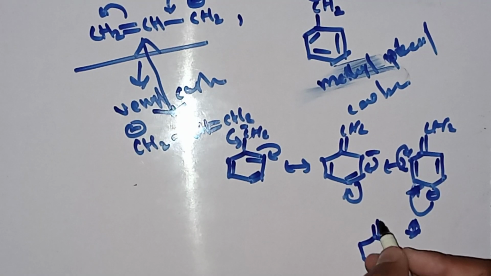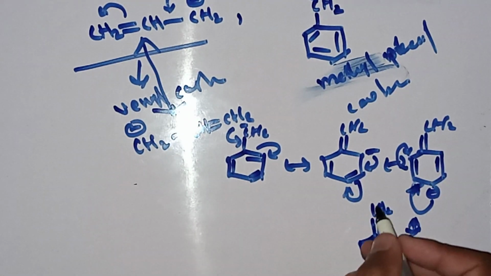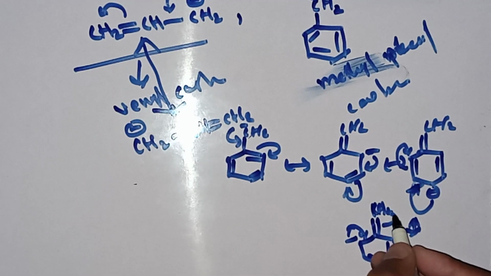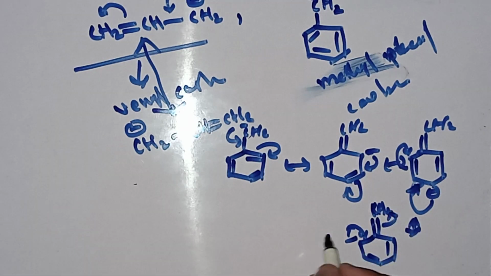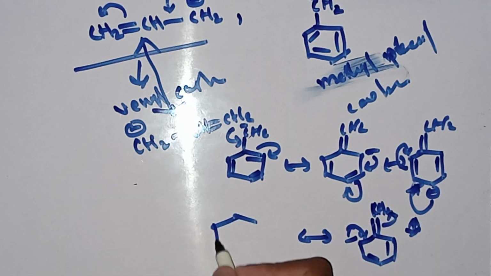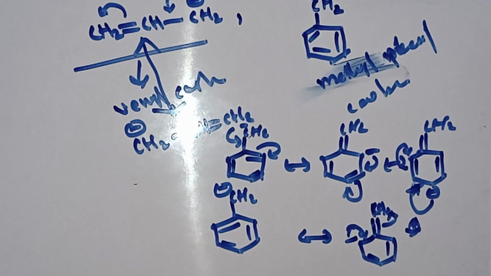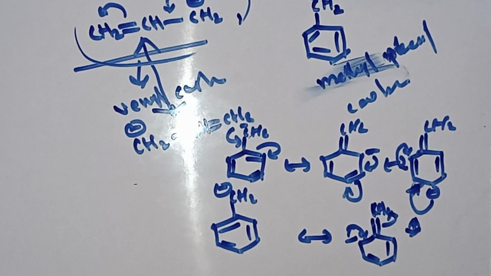How? This will be double bond, CH2 negative charge, double bond. When this negative charge makes a double bond here, this double bond will shift here and make the original position of the compound like that. That will be CH2 negative. It means the electron density is dispersed more here as compared to vinyl carbanion.